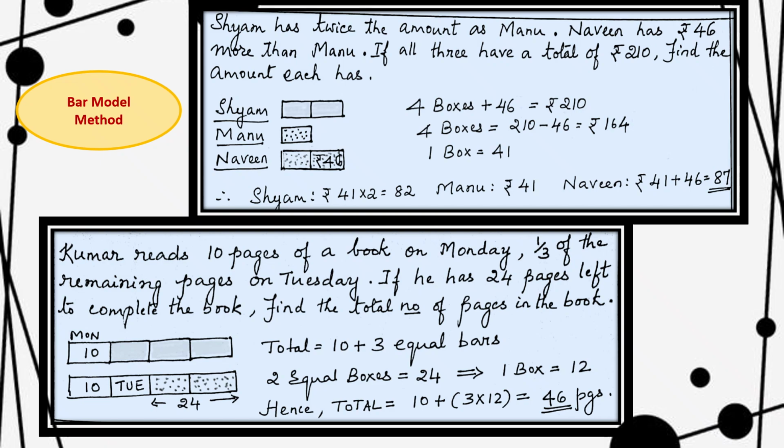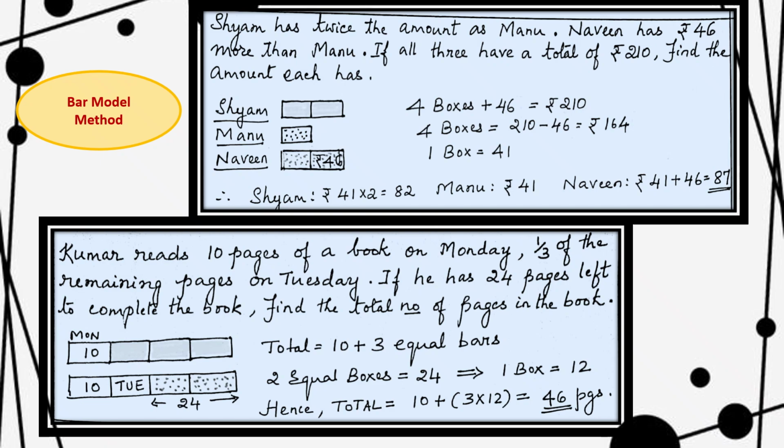Shyam has twice the amount as Manu. So observe the first rectangular box is double when compared to the later, that is corresponding to Manu. And if you see the third one, Naveen has rupees 46 more than Manu. So just observe, compared to Manu's rectangular bar, Naveen's is extending by rupees 46.